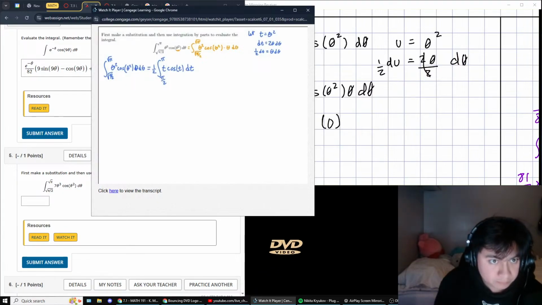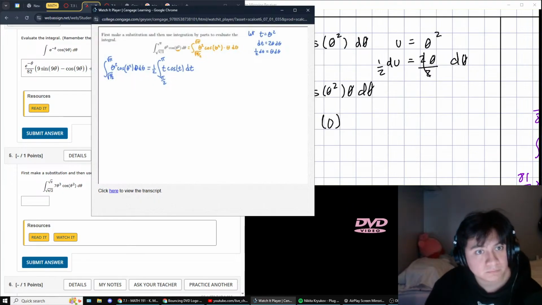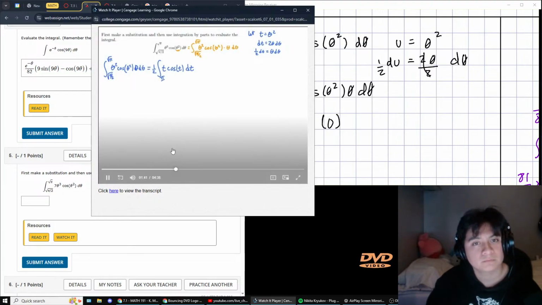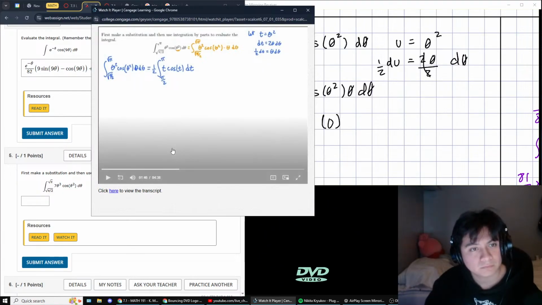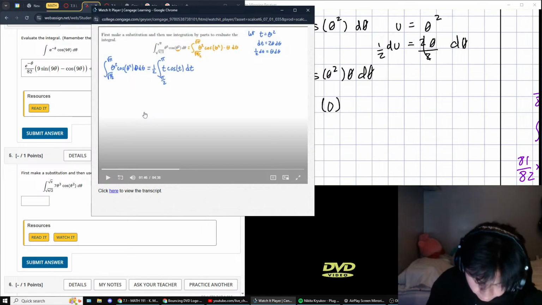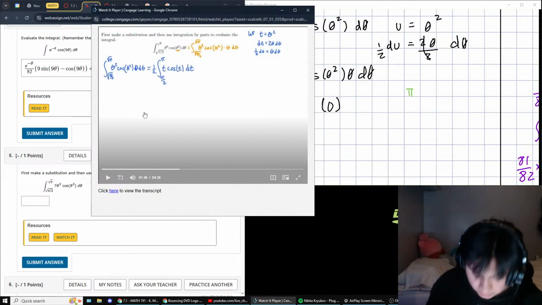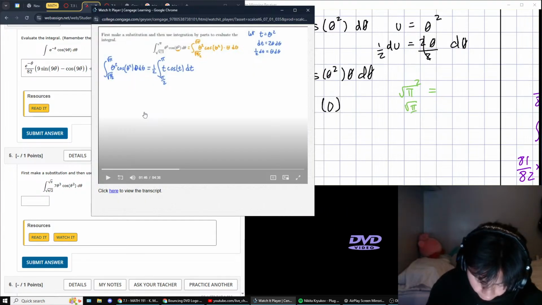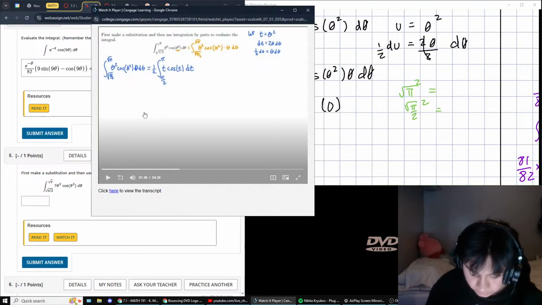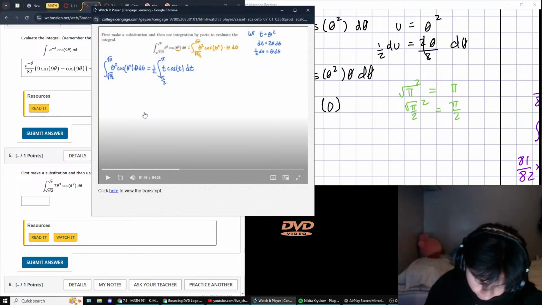When theta is root pi over 2, we square that, we just get pi over 2, and likewise for root pi. When theta is root pi over 2, when theta is root pi. Oh, and then what they did as side work, I'm gonna write this down so I don't forget. So you got root pi squared, and root pi over 2 squared is equal to pi, and pi over 2.